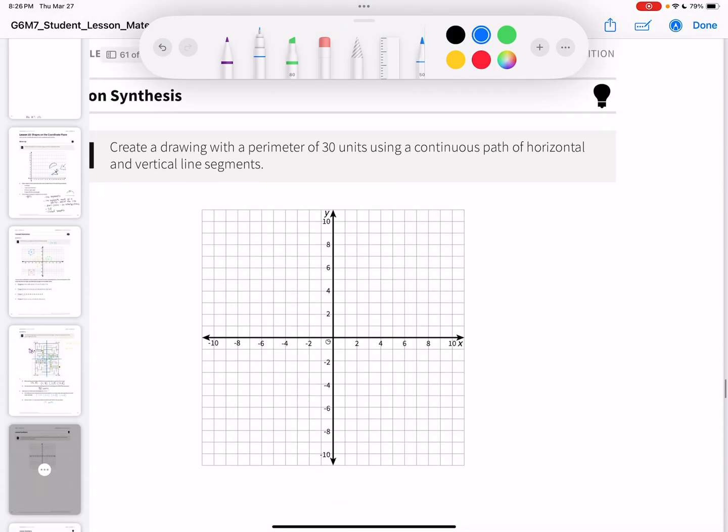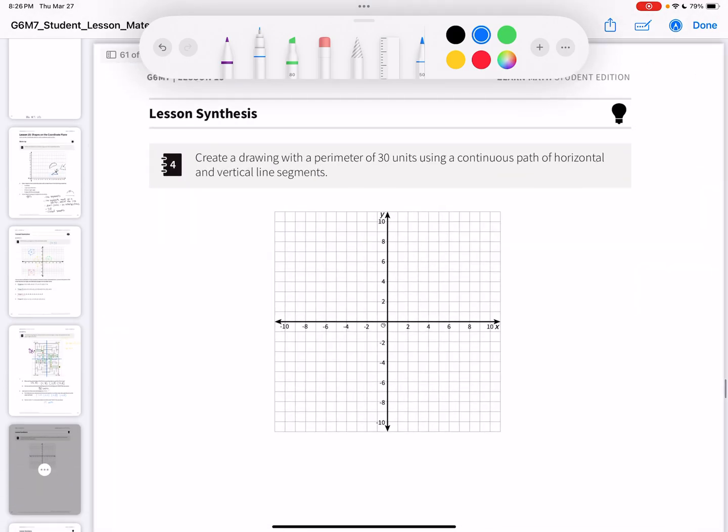All right. Create a drawing with a perimeter of 30 units using a continuous path of horizontal and vertical line segments. Okay, so these go up by ones, but every 2 is marked. Okay, so I have to go, I'm just going to start. Let's pick right here. So this is 1, 2, 3, 4, 5, 6, 7, 8, 9, 10.